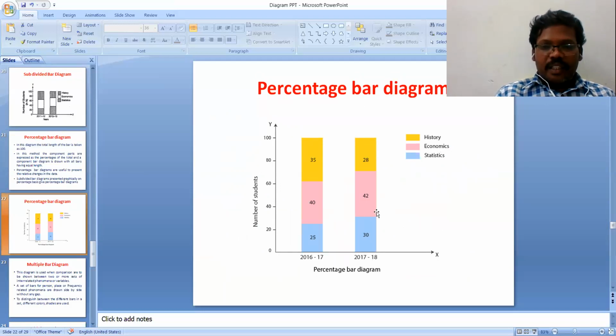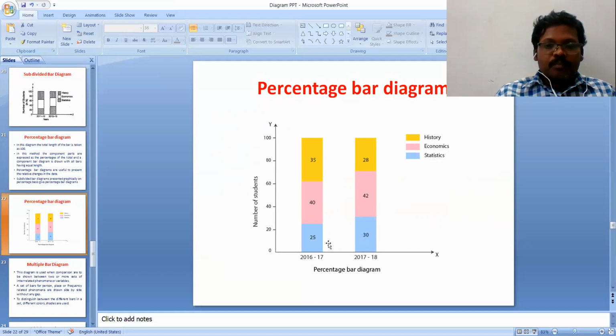In 2017-18, 30% belongs to statistics, 42% is related to economics, and 28% belongs to history. From 2016-17 to 2017-18, the enrollment of students in the different subjects changed like this.